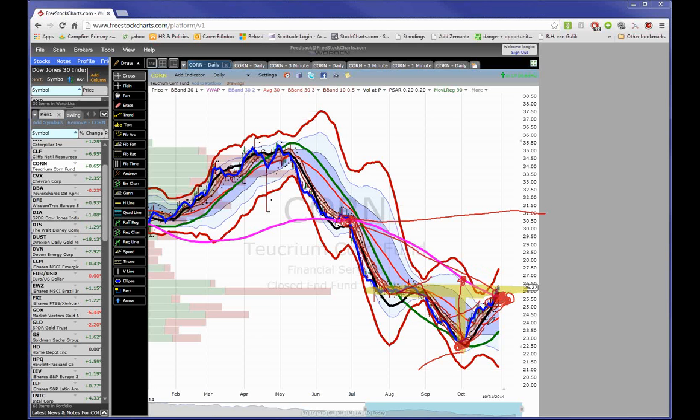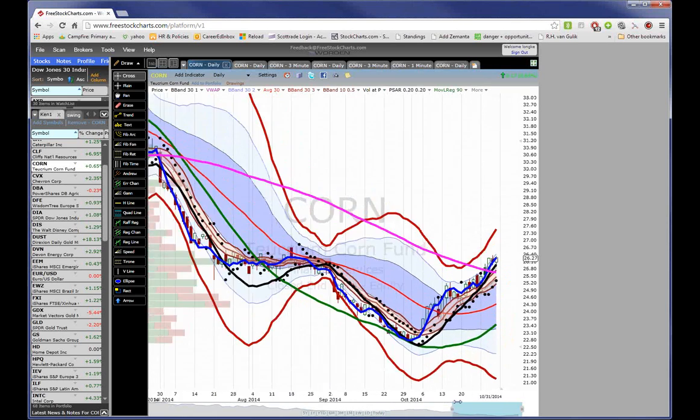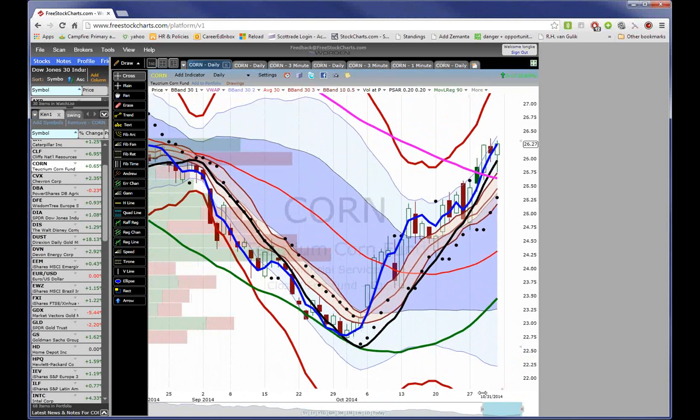So I am tightening up my swing trade now on corn. It's made the move that I was hoping to see. So now we're back to fair value. All right, so this is what that move looks like, zoomed in a little bit. Here's the 10, and look at the 10 and the 90.